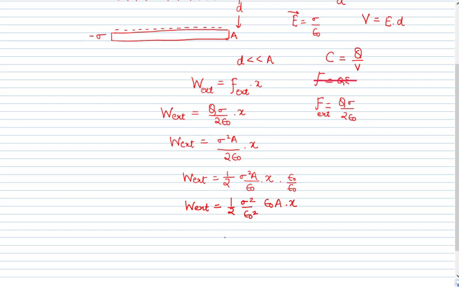So this is sigma upon epsilon naught. So the external work done will be equal to half epsilon naught, and sigma upon epsilon naught we can substitute with E, so half epsilon naught E squared, and then A into the distance x.